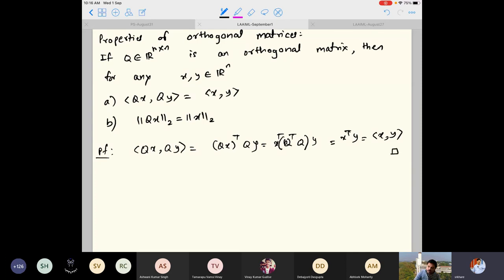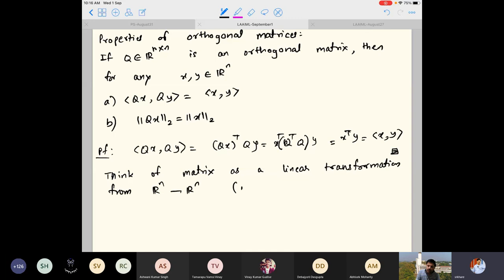But the consequence here is really very important. What is this property really saying? To understand it, think of a matrix as a linear transformation from Rn to Rn.